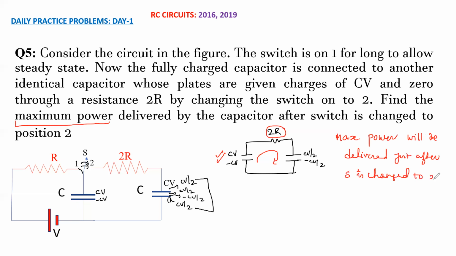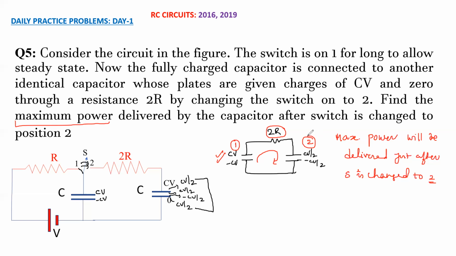Because as we know, over time, the charge on the first capacitor, the one on the left side, let me call it the first capacitor, and this the second capacitor, is going to decrease, and the inner charge on the second one is going to increase. And finally, the voltages of both capacitors will be the same.